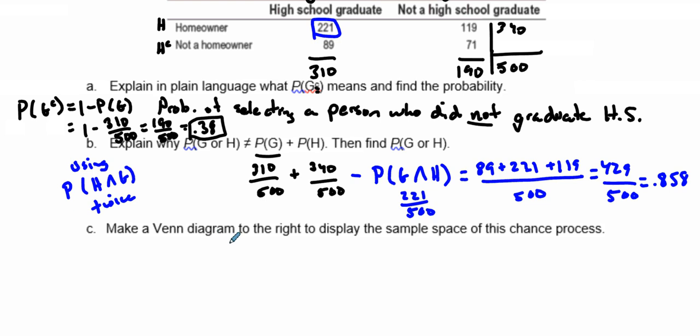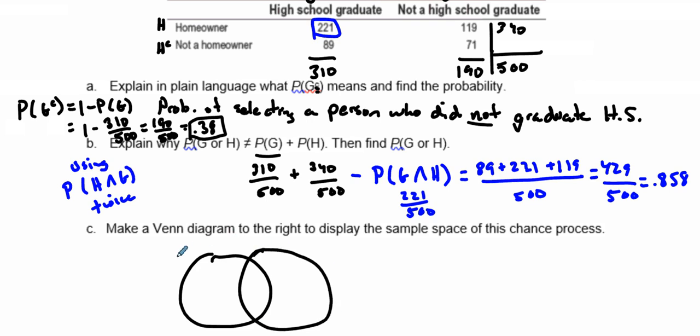The next thing is we want to create a Venn diagram of the sample space of this chance process. I'm going to call this H, we'll call this G. First off, I'm going to plug in my 221, our overlapping events.